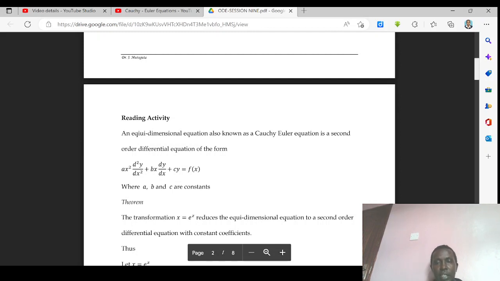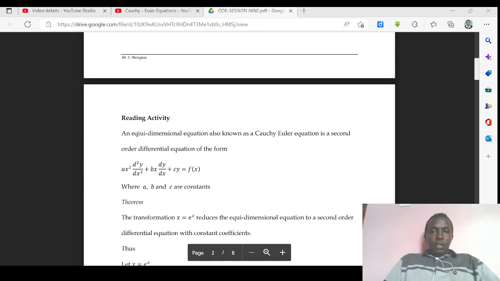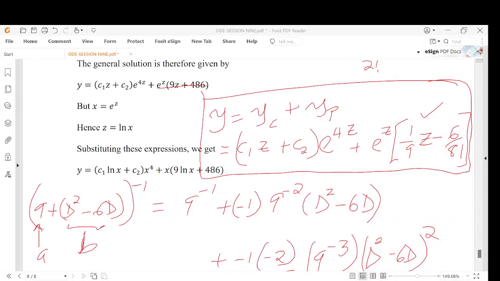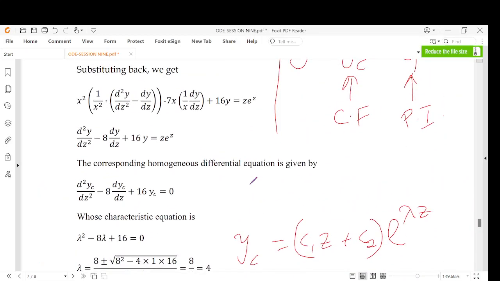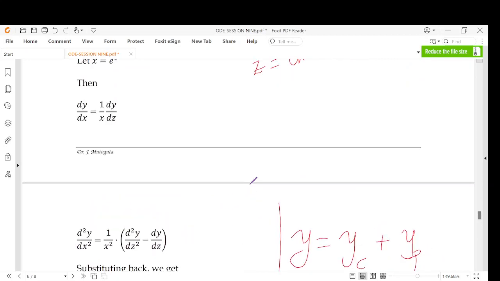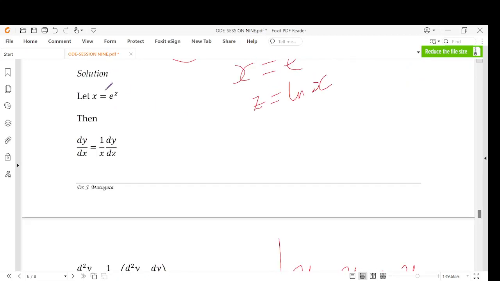So basically these are the kind of differential equation that we call the Cauchy Euler equation. And to solve a Cauchy Euler equation is very easy. All you need is the transformation x is equal to e raised to power z.